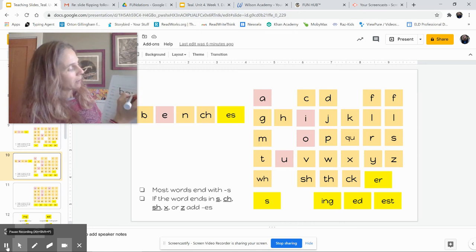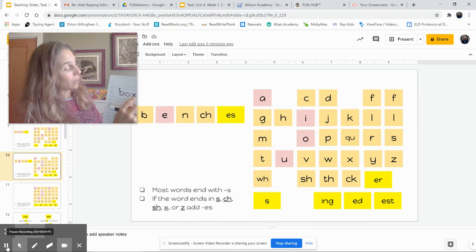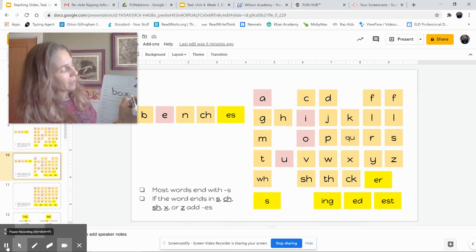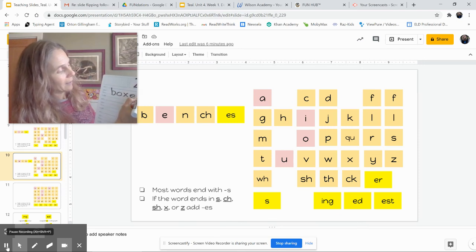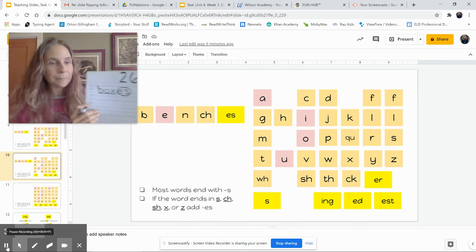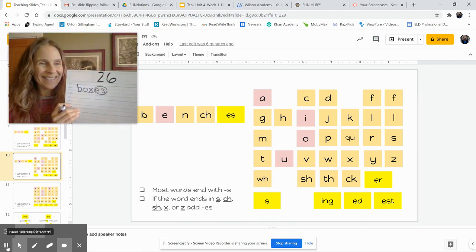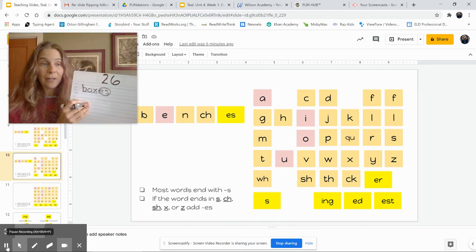My base word ends with an X, so I'm going to add an ES. Boxes. Underline your base word and circle your suffix. It should look like that in your student notebook.